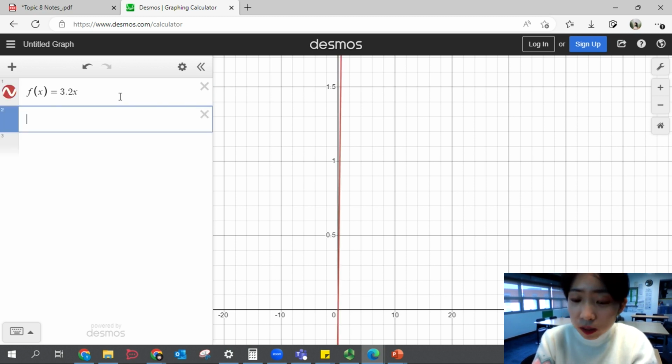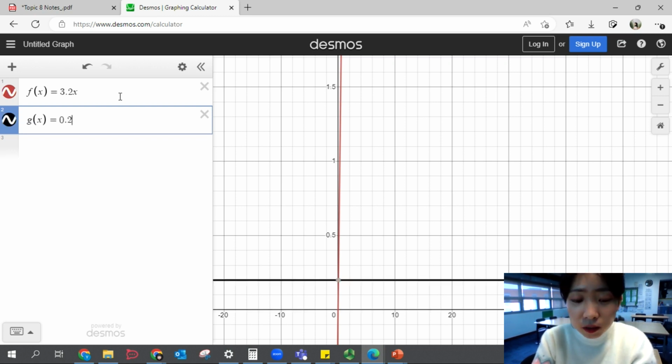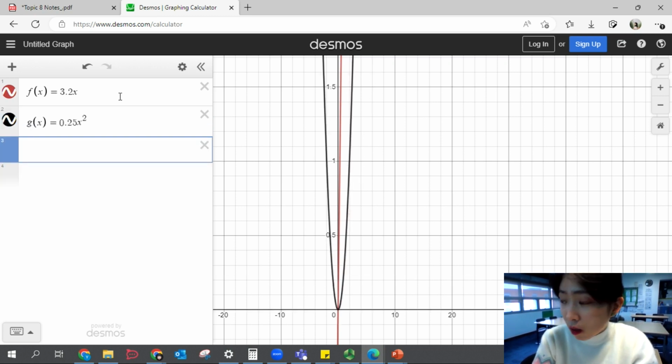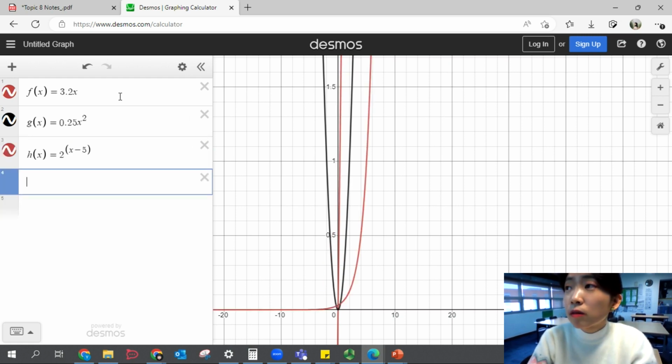City B is going to be g of x equals 0.25x squared. And then h of x is equal to 2 to the power of x minus 5.